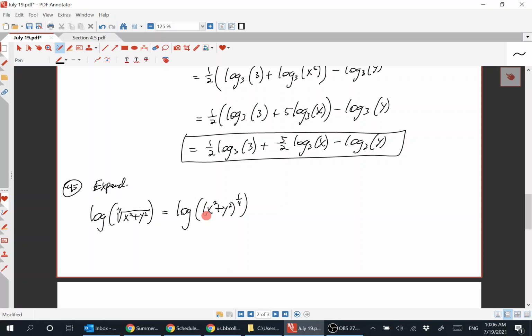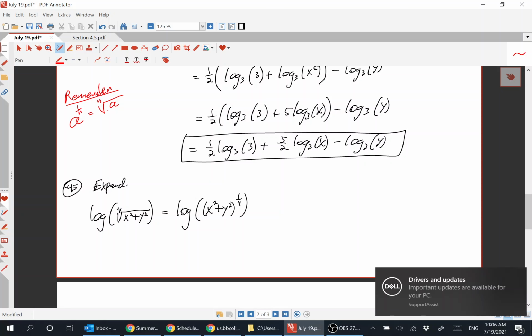Okay, so remember, let me write it up here. A to the 1 over n equals the nth root of a. That's simply, right, the definition of what an nth root is.